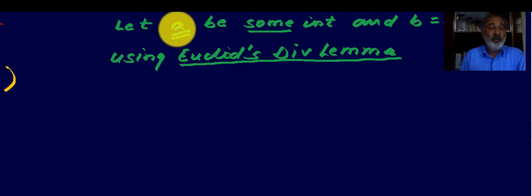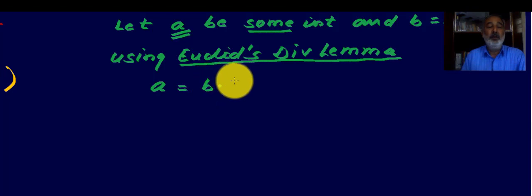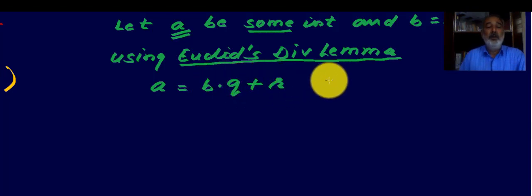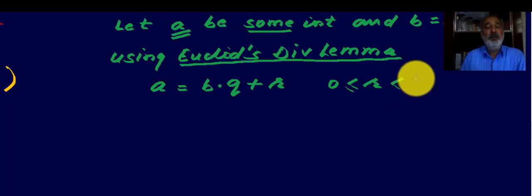Can you write a? I am writing this Euclid's division lemma in full form. a is equal to b multiplied by q plus remainder r. What was the condition? r is greater than or equal to 0 and less than b.